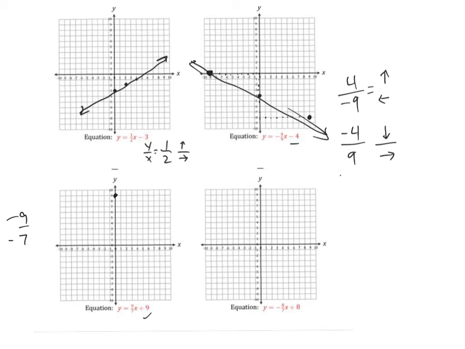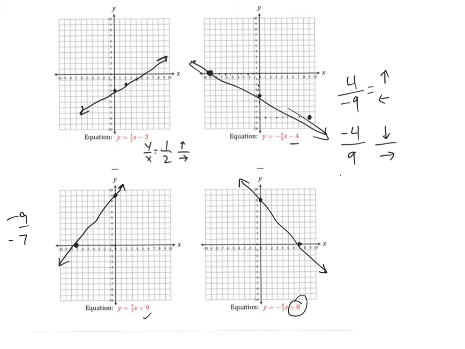A negative divided by a negative is positive, so I didn't change anything. So I'm going to go down 9 and left 7. It looks like my graph's going to be way off the graph. I didn't do a very good job on this one. So here I have an 8, and then I'm going to go down 8 and right 7. So this is approximately my graph on this last one.